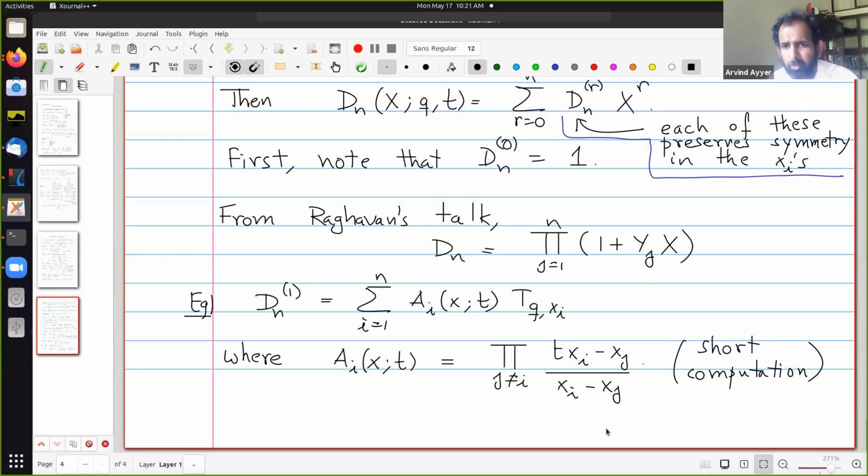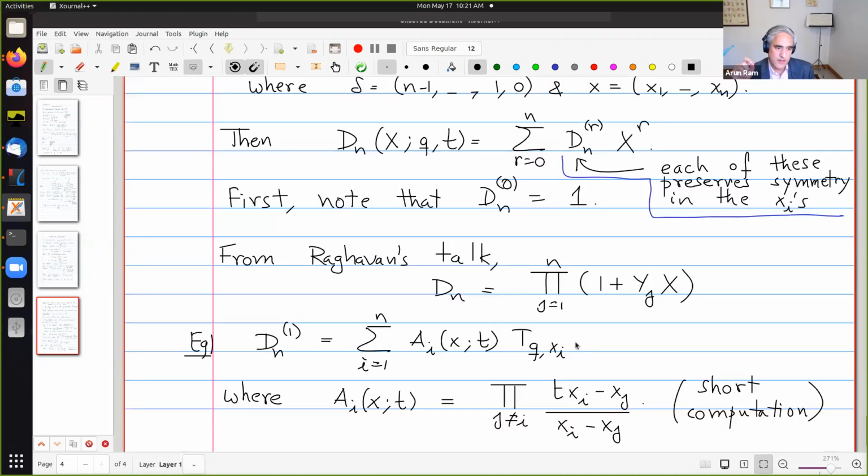But I'm a bit confused. How do you see this as an elementary symmetric function? Arun? Oh, you mean expand this out? D_n^r is the coefficient of X to the r.